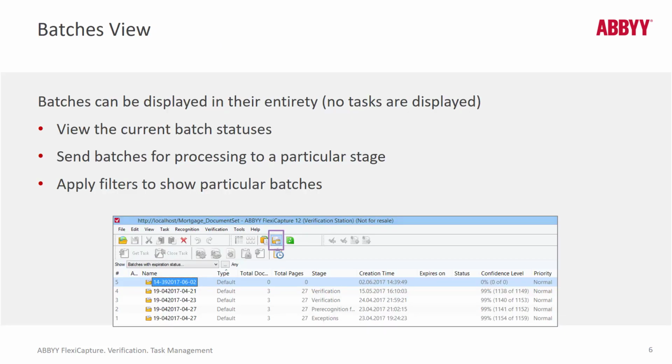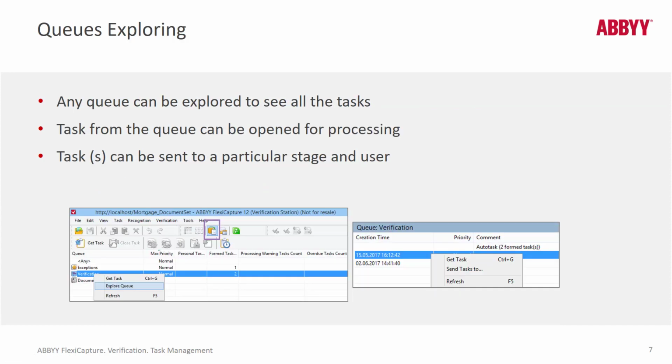When you switch to batches view, you can see there's a lot of information available right off the bat. You can see things like creation time and what stage and confidence level. So a lot of information right here, and you can apply filters. We'll get to that in a second. You can also, as a senior verification operator, highlight a queue and say explore this queue. And then once again, you get a screen with more information.